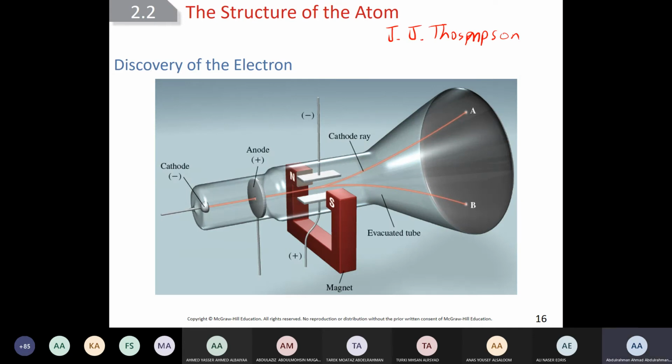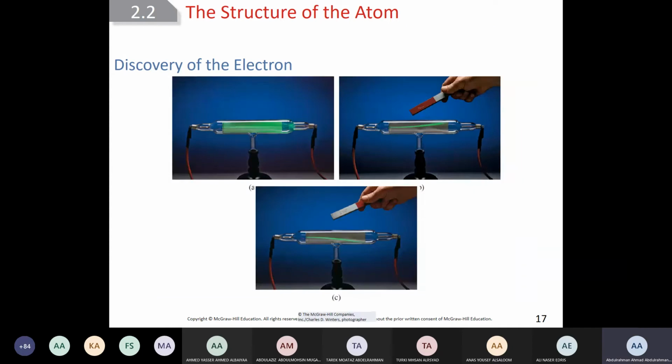What did he do? He had this experiment. He had a plate of gold here and another plate of gold here. He connected by electricity and he put it in a tube like this, which is completely empty. Then he put electricity on the tube.